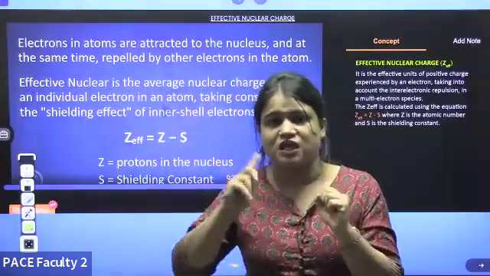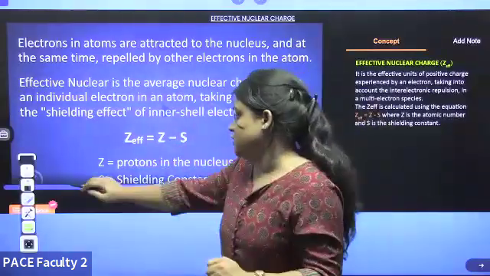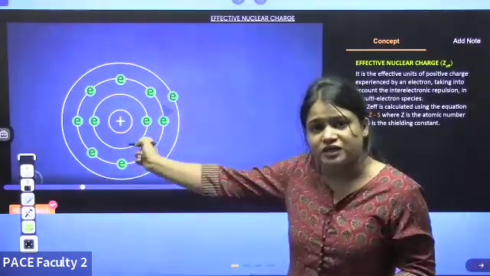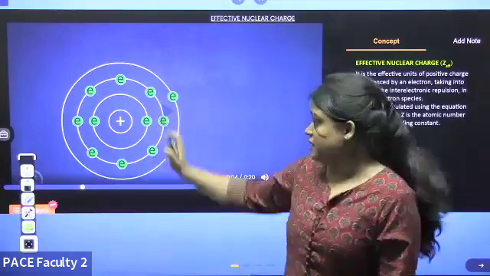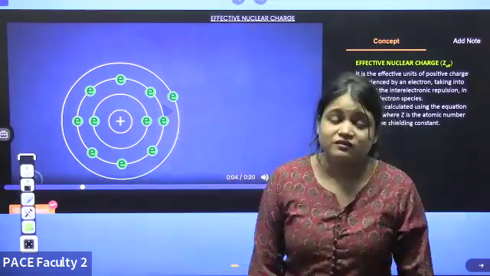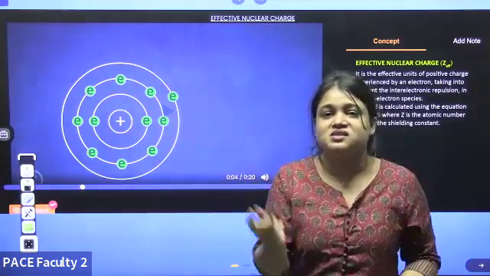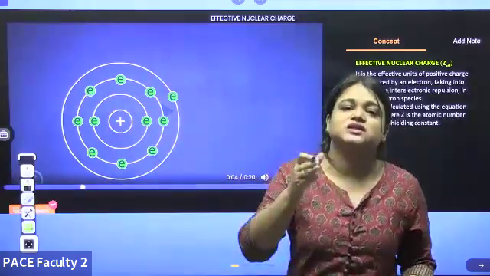But there are the electrons in between. See again, if you see the diagram, suppose this is the valence electron which is being pulled inside by the nucleus. But these electrons in between create repulsion between the valence electron and themselves, which acts like a shield.